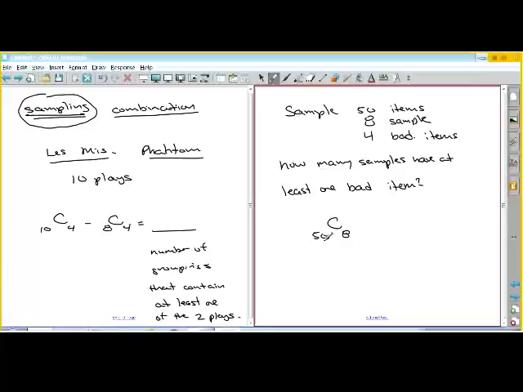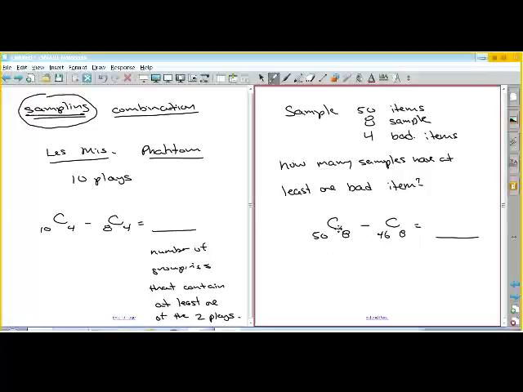So that would give you the number of samples, 8 sample subsets. And then you would subtract off the number of samples, subsets that don't contain the bad ones. So you'd subtract 4 from 50. You get 46, and you take 8 at a time there. So this is the number of arrangements or groupings that don't include the bad items. And the difference between those two would be the answer.